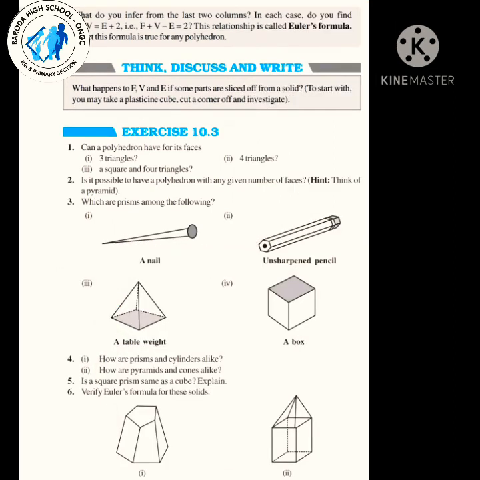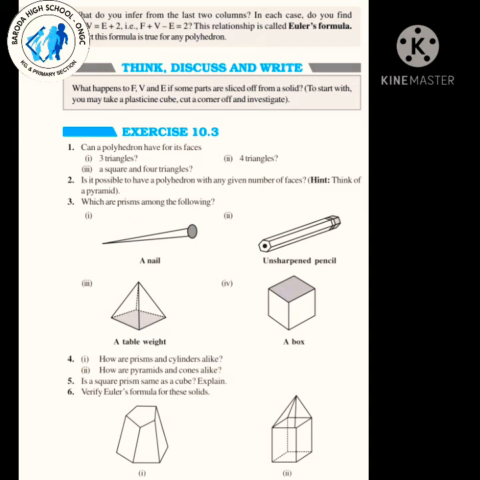After filling this table, you'll be surprised to see that the addition of faces plus vertices, that column, and the last column will have the same numbers. So here we come to an inference on a relation between faces, vertices and edges.